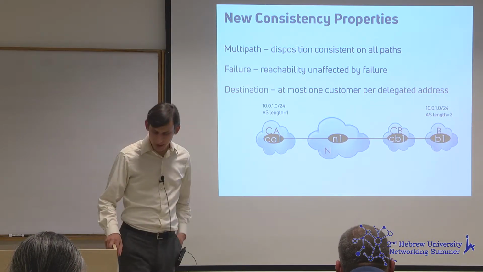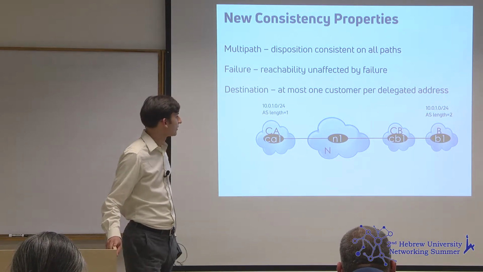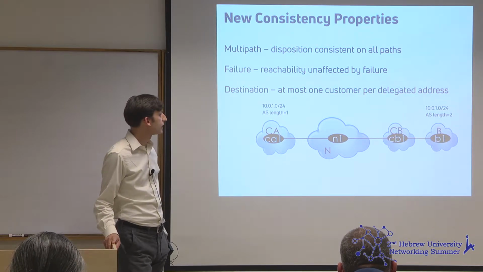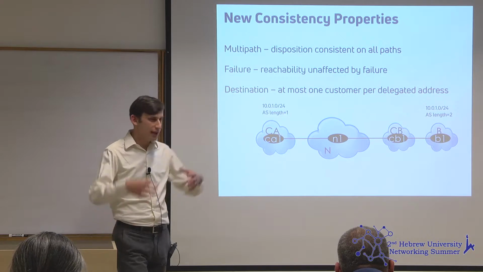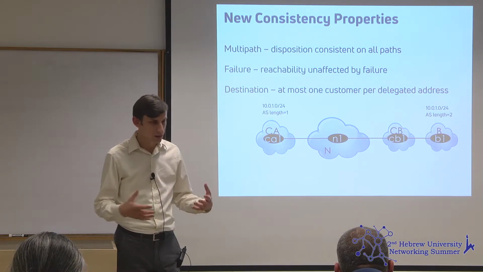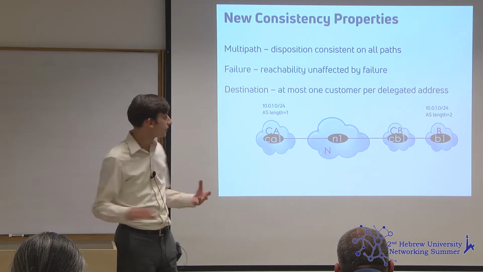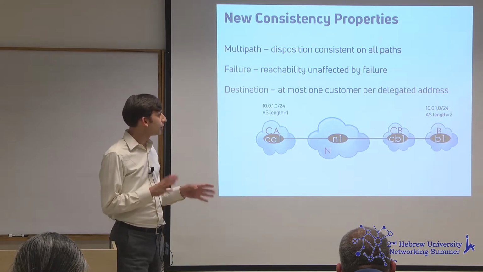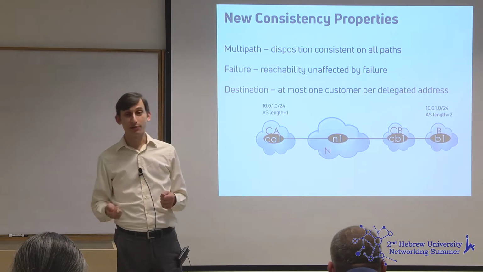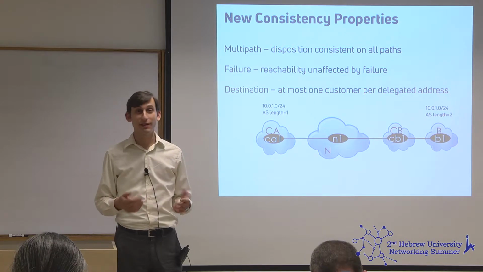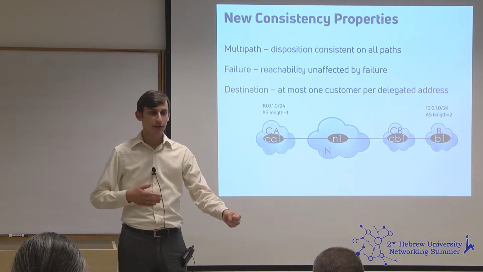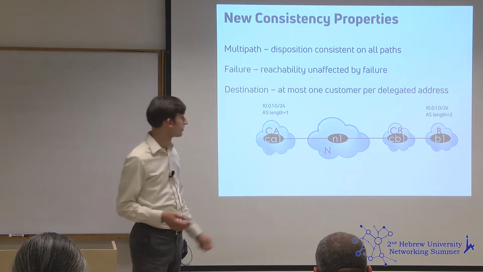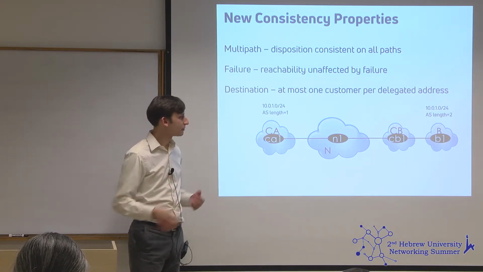Destination consistency is maybe a little bit less obvious. If you're an ISP or a network in general with multiple customers, there should be at most one customer per delegated address. A way to test that is if you fail the link going to a certain customer, that address should no longer be reachable. And if it is, then you maybe have some conflict.